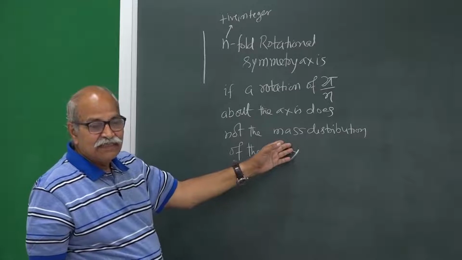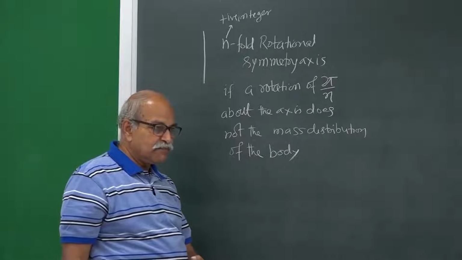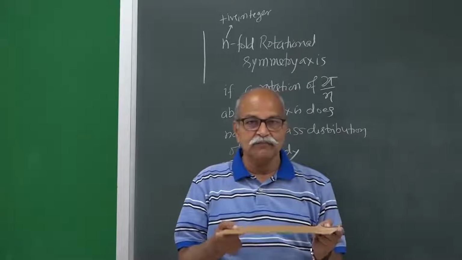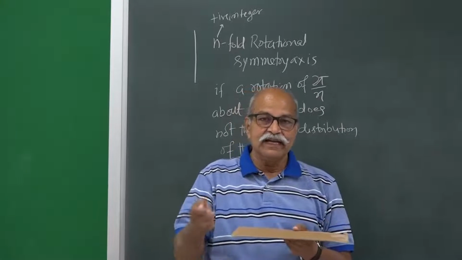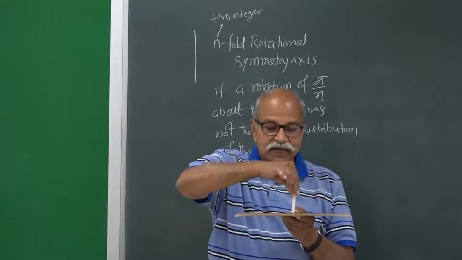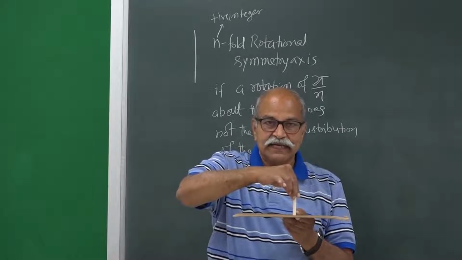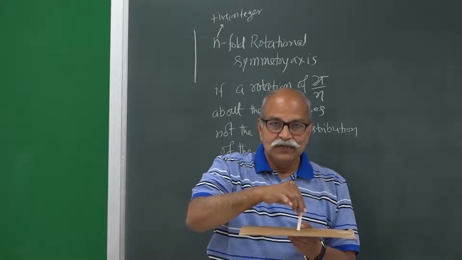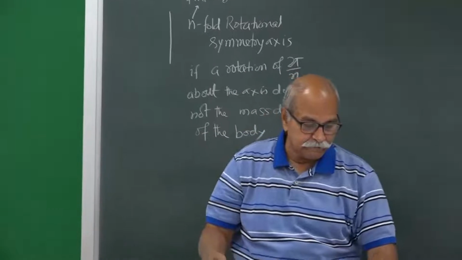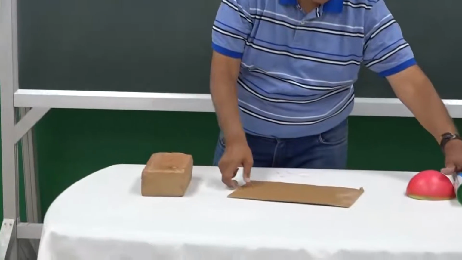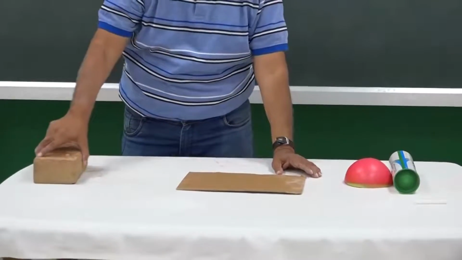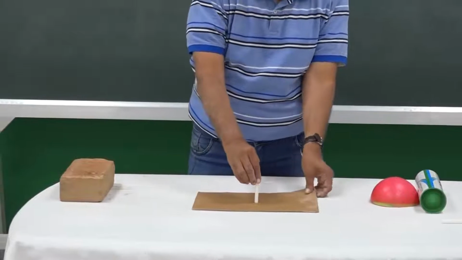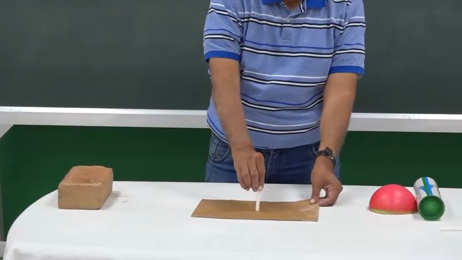We can take some simple examples. Suppose you have a rectangular plate, and a line which passes through the center of the plate and is going in the perpendicular direction. Now let me put it on the table. See the mass distribution, where the masses are.